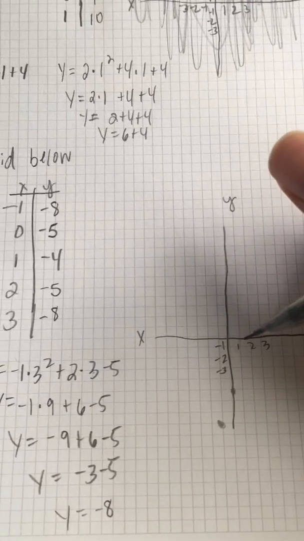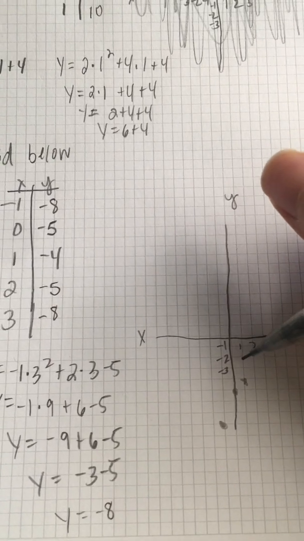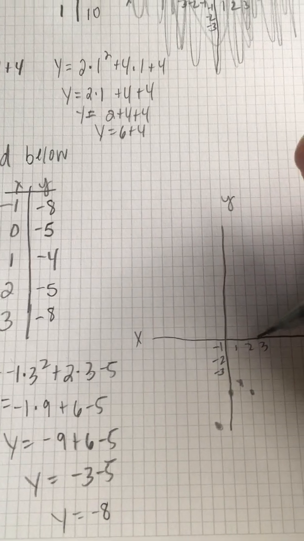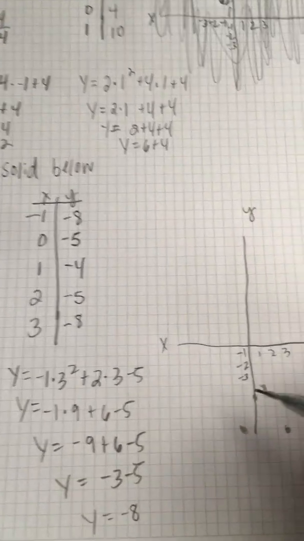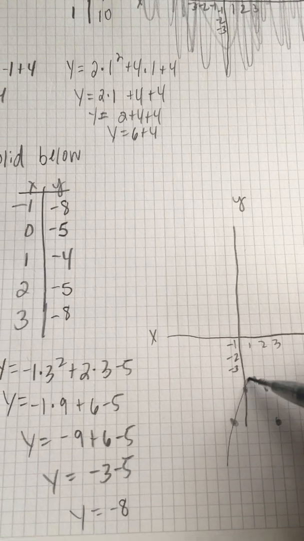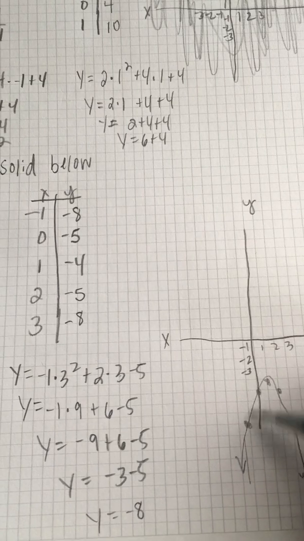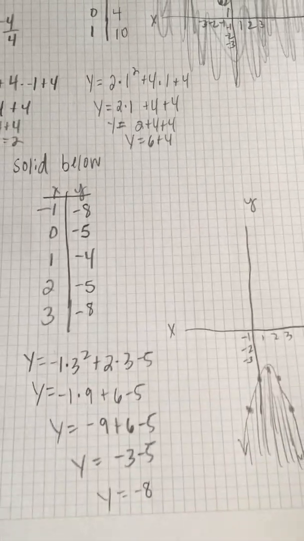Go to the right 1 and down 4. 2 to the right and down 5. 3 to the right and down 8. We said connect with solid. And we need to shade below. Down, down, down, down, down. Go anywhere on your parabola and go down with your pencil.